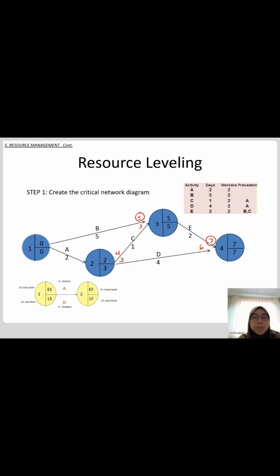You choose the lowest, which is 3. And then 3 minus 2 is 1. And 5 minus 5 is 0. So you choose the lowest, which is 0. So you will get this.